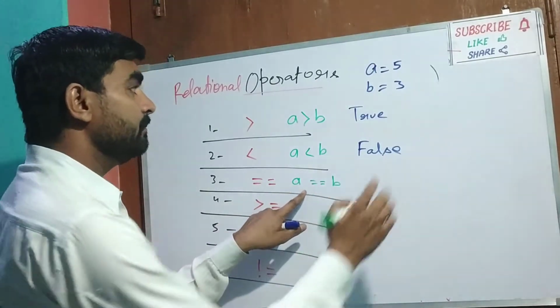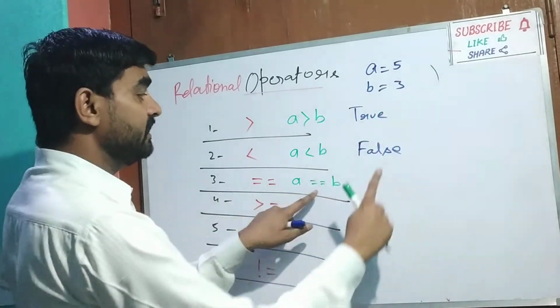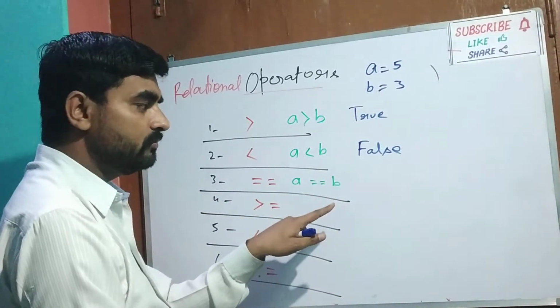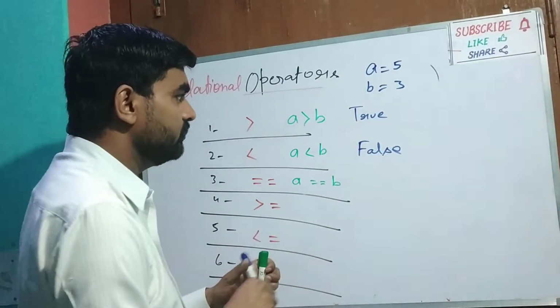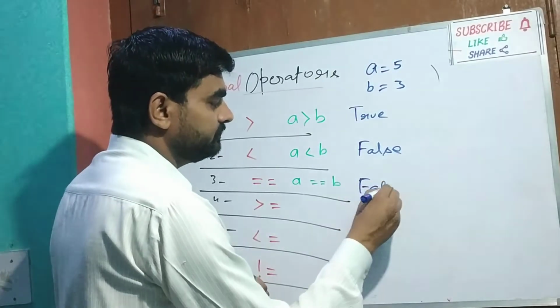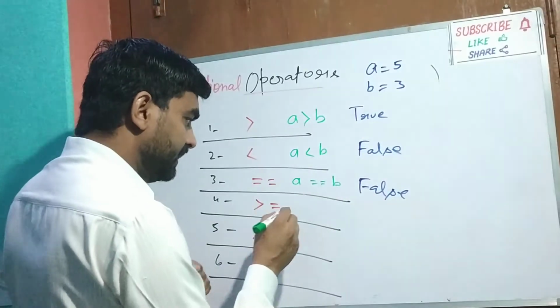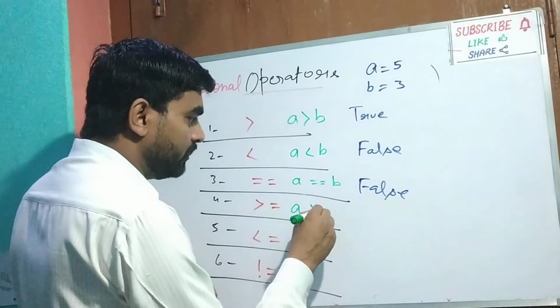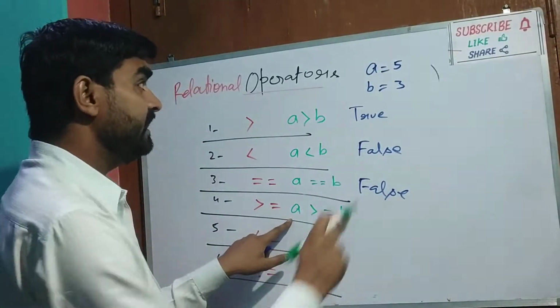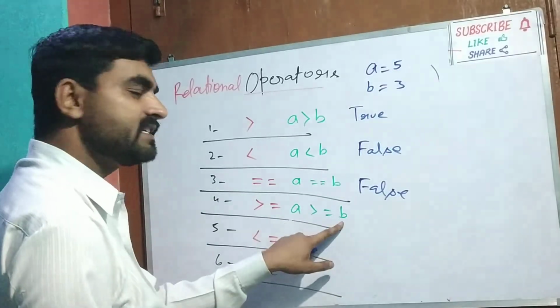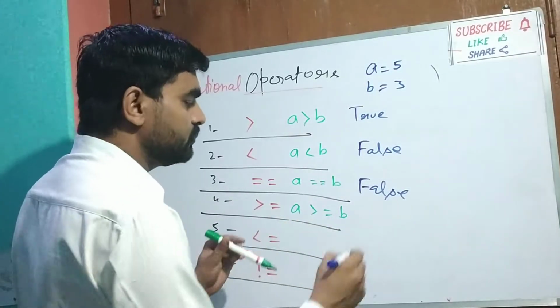a equal equal b, based on these values, a is 5, b is 3. Is a equal to b? Definitely you will say false. Here, a greater than or equal to b. a is 5, so 5 is greater than b. Yes, so it becomes true.